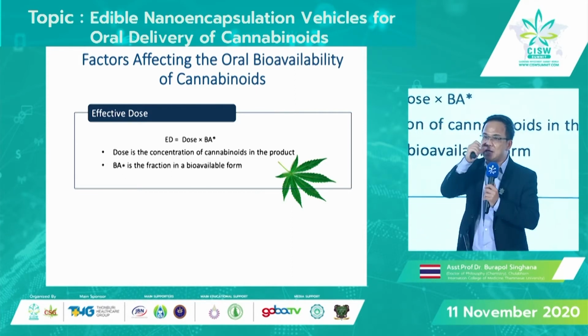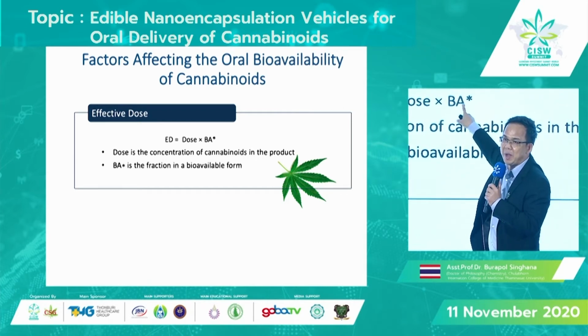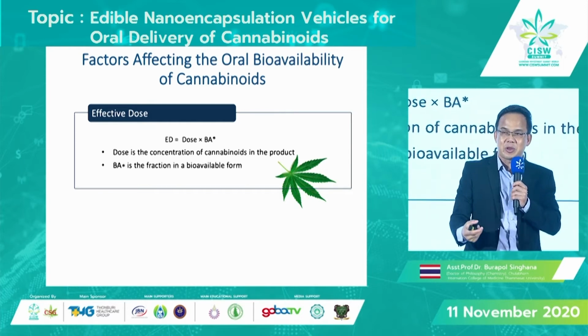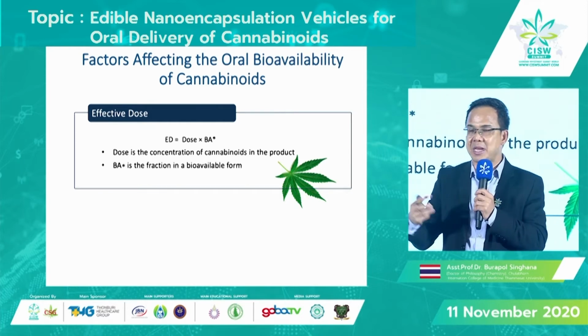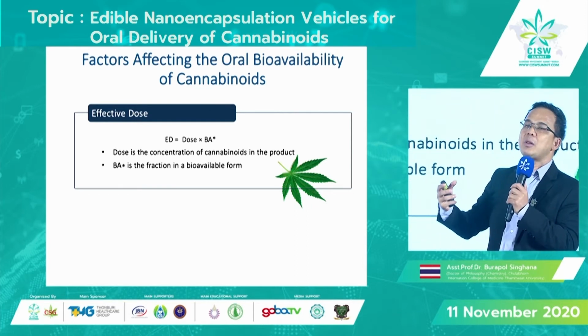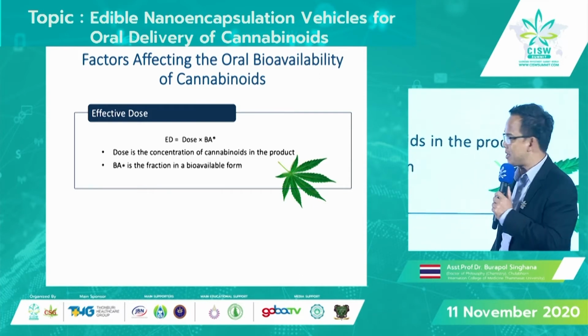How much you eat and what is the value of bioavailability, and then you can know the effective dose. For example, if you take 10 grams, it doesn't mean you're going to use the whole 10 grams. Your body might absorb only 1 gram, for example, if you have low bioavailability.